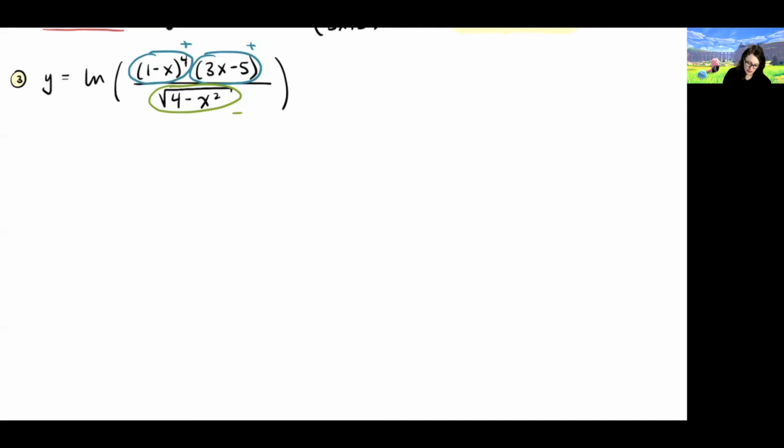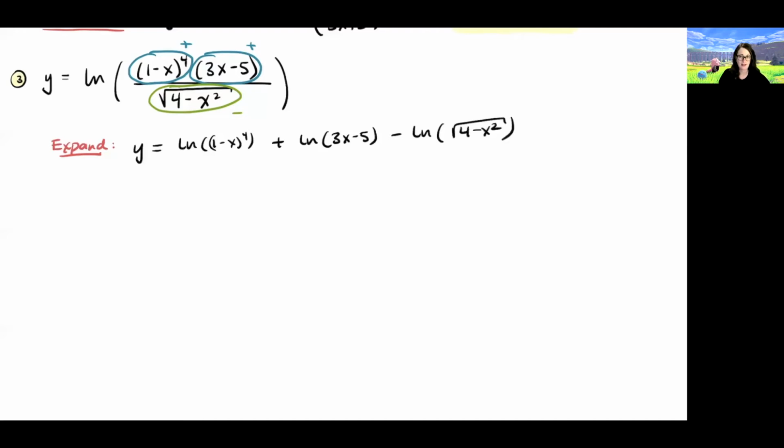Okay, so if we're going to expand this first, we're going to have 3 natural logs. We're going to have positive natural log of 1 minus x to the 4th. We'll have plus the natural log of 3x minus 5. Then we'll have minus the natural log of the square root of 4 minus x squared.